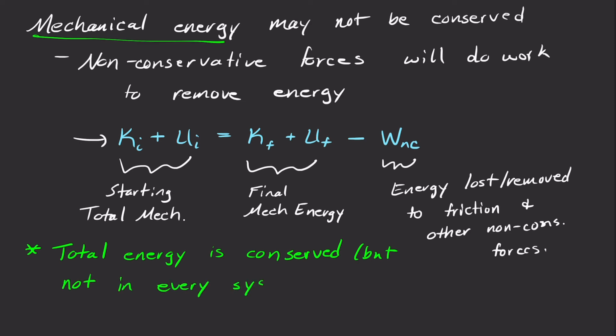The energy left the system. Energy always goes somewhere, and it is conserved in totality if you were to look at every bit of energy in the universe. But for a given system, if there are any non-conservative forces doing work, such as friction, then that energy gets removed and turned into a form that we can no longer use, and is not considered mechanical energy.